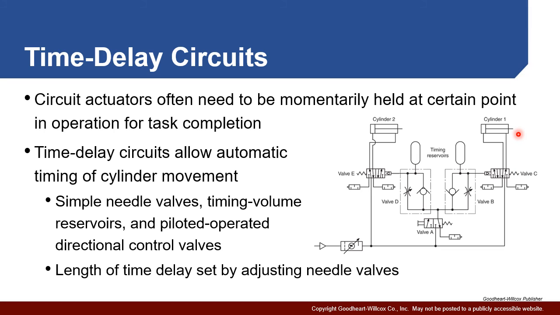So using relatively simple devices, you can control these delays. In fact, you can vary the size of the timing reservoirs and vary the flow rate through these needle valves that will actually set the length of the delay, and you can adjust these. And keep in mind, these do have to be checked over time because wear and tear on the devices is going to change them to a certain amount.